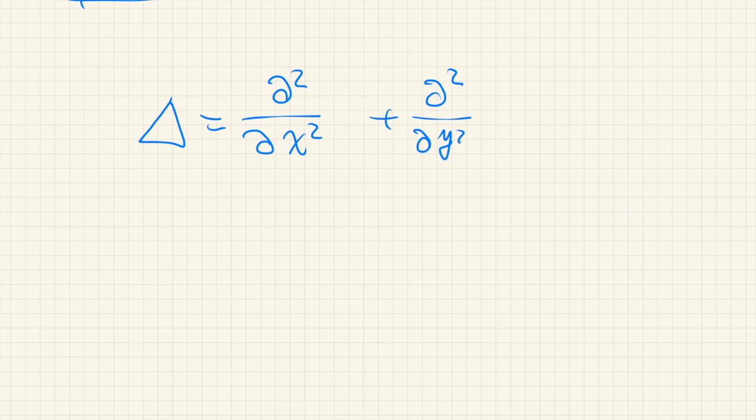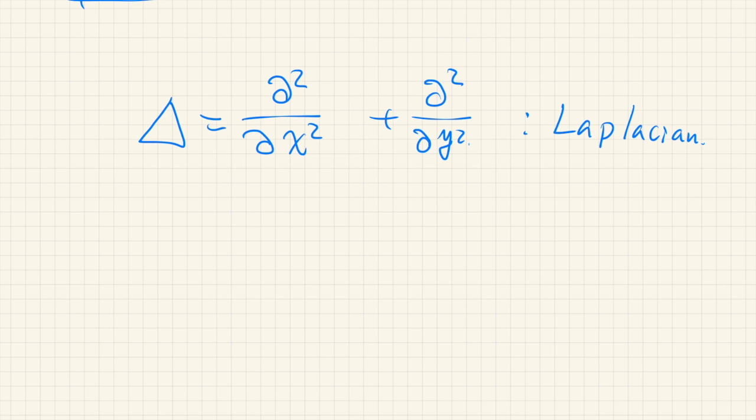And here's another example of a differential operator. We call it delta. We write delta, and this is defined as this. Okay, this operator is called the Laplacian. Actually, the two-dimensional Laplacian. Of course, this is named after the mathematician Pierre-Simon Laplace.